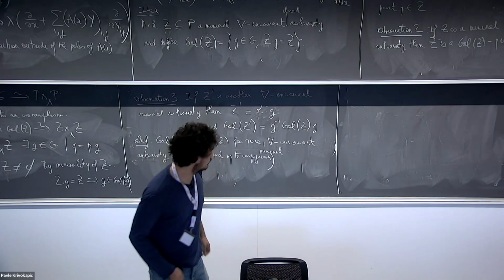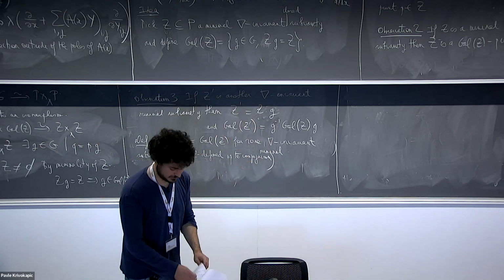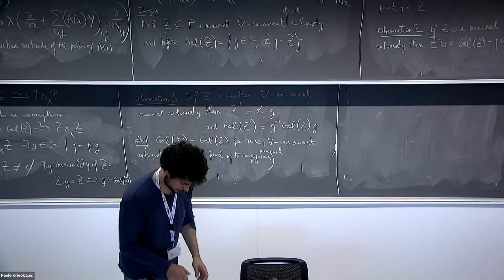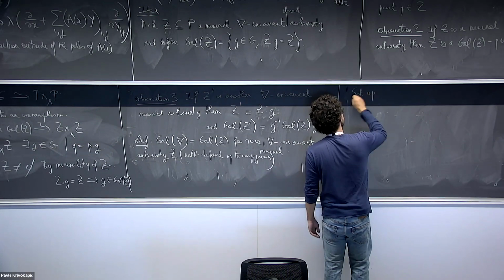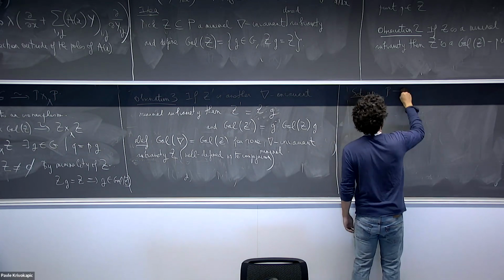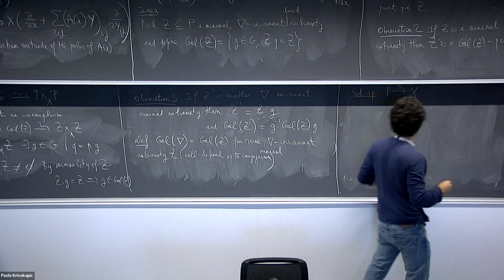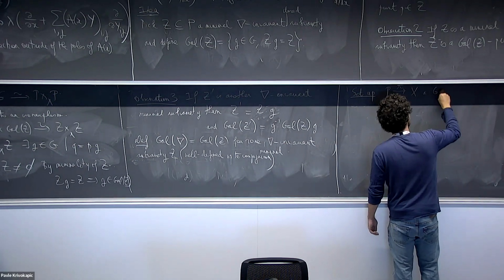Okay, so now I want to explain the general transcendence result in this setting about a principal connection. My setup will be the following. You're fixing a map from P to X, a G principal bundle.